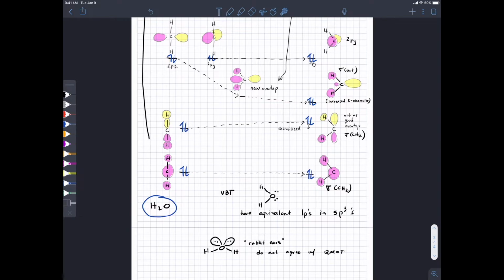Now, as I said, a lot of this can change if we think about different water molecules interacting with each other, but at that point we will probably stop thinking too much about what the wave functions look like and focus on the intermolecular interactions.